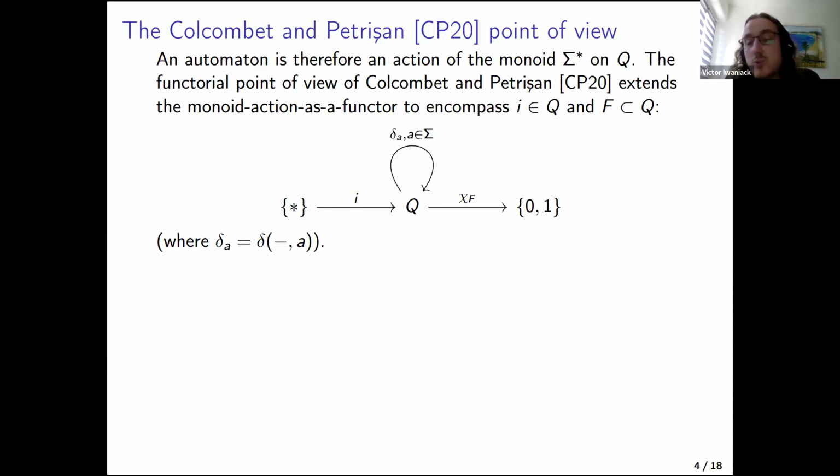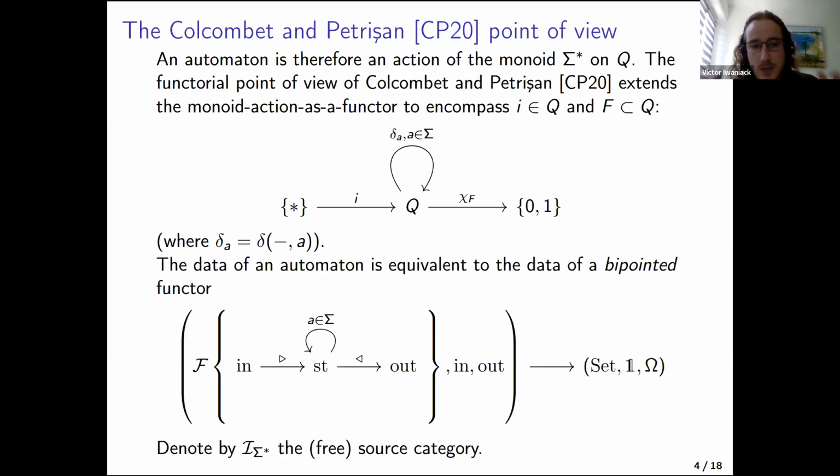And most importantly, the way to describe a subset as a function is to use the characteristic function. So we use the fact that Set is the topos, basically, and that is what I worked on in my thesis: automata in toposes. So as you can see in this quiver, we have all the information of our automaton, and this is the functorial representation of Colcombet and Petrişan.